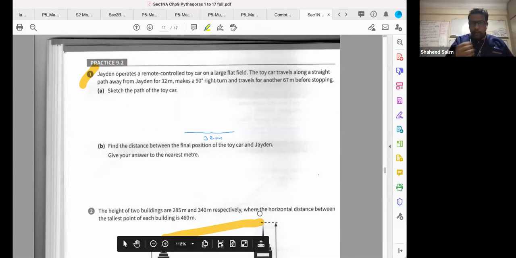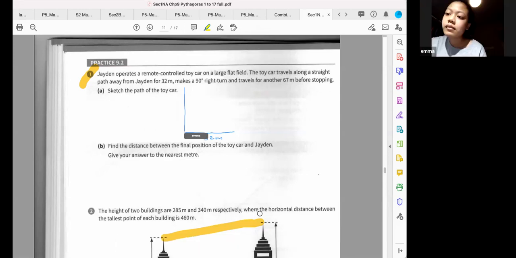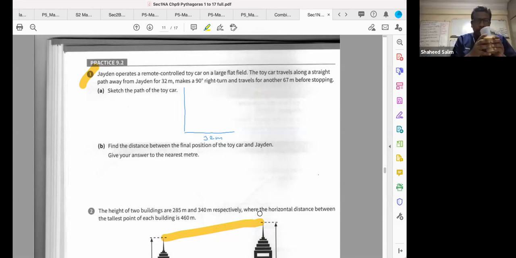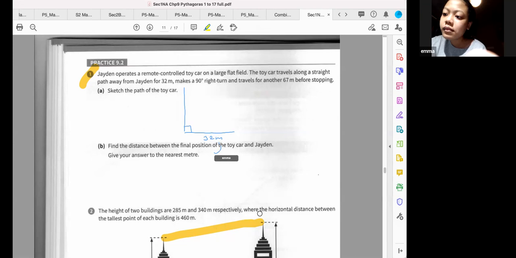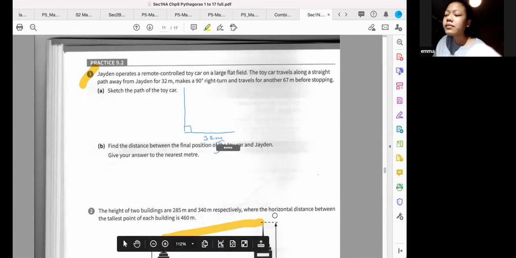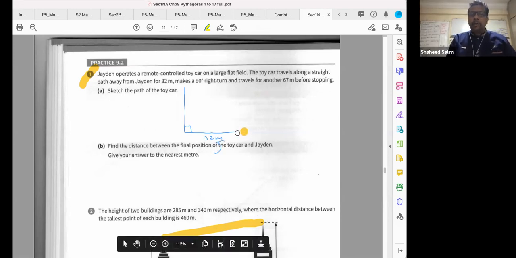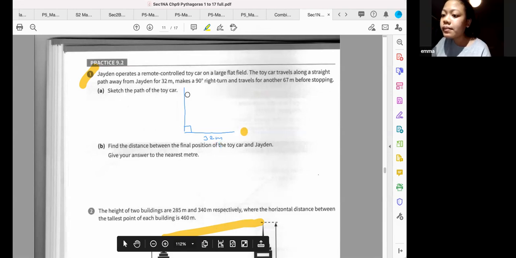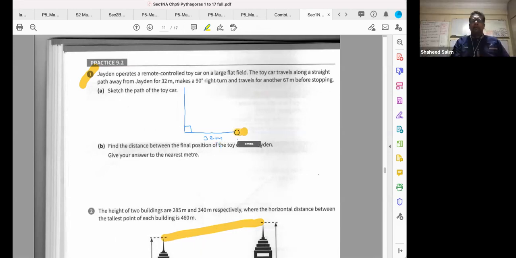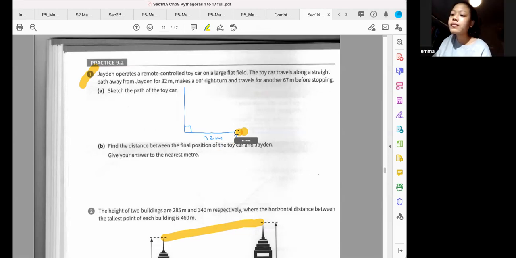Okay, good. And then, all right. Where's Jaden? Can you write J? Where Jaden is? J must be here, because you travel this way. J is somewhere here. Okay. Can you label 67 meters or so? I know it's not drawn to scale.